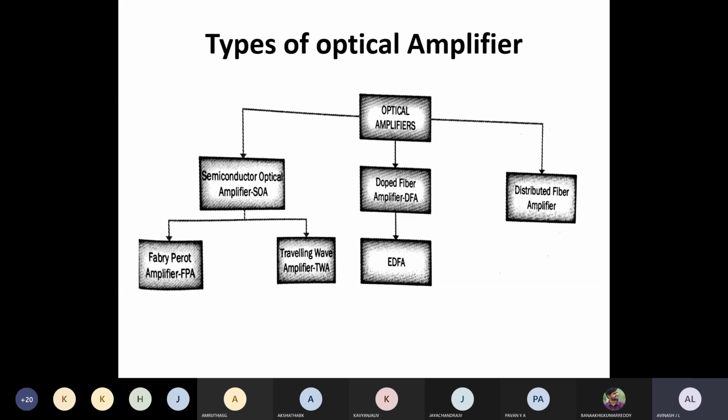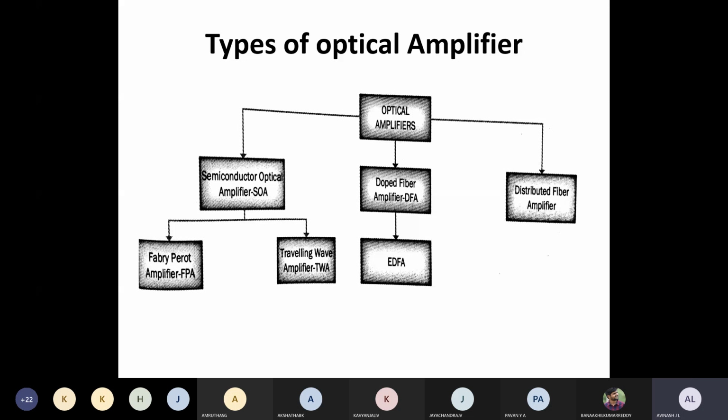In the last class, we discussed the types of optical amplifier. We discussed that there are three fundamental types: the semiconductor optical amplifier, the doped fiber amplifier, and the distributed fiber amplifier.